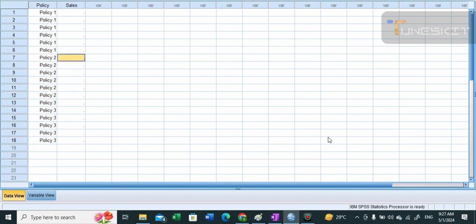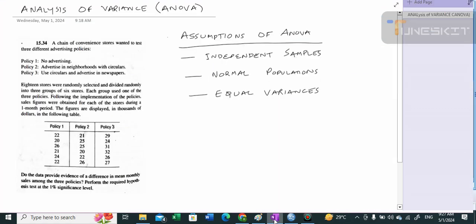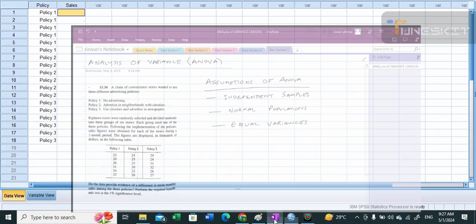Okay, now I'm going to enter the values that we are given in the data. That's 22, 20, 26.